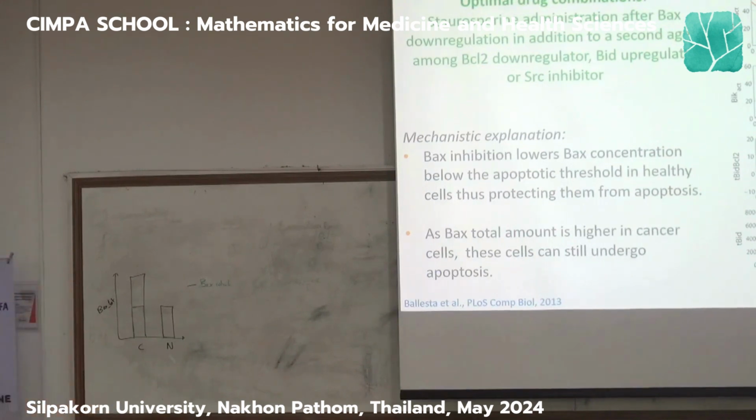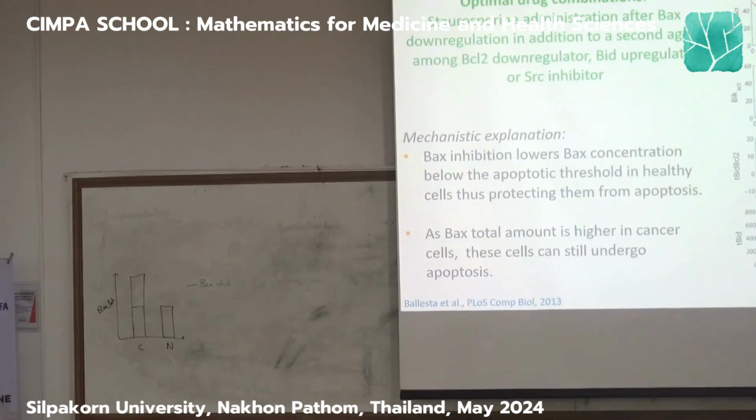So those are the simulations now with one of the optimal solutions, which is when you put some staurosporine, then a BAX inhibitor, and a STAR inhibitor. What you can see is that the BAX is at 0 for the healthy cells, blue line, and it's non-zero for the cancer cells.